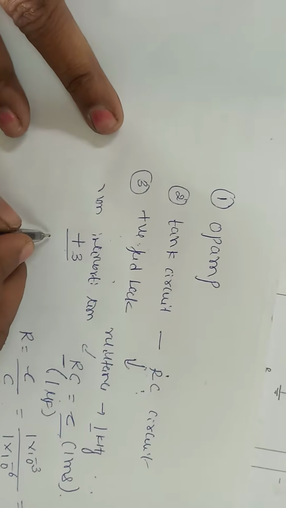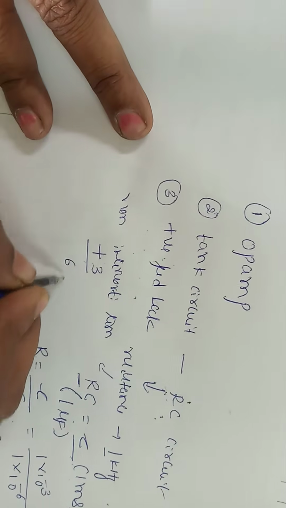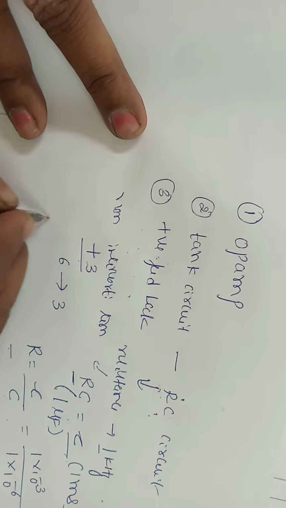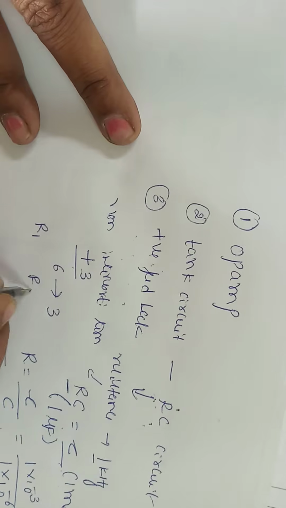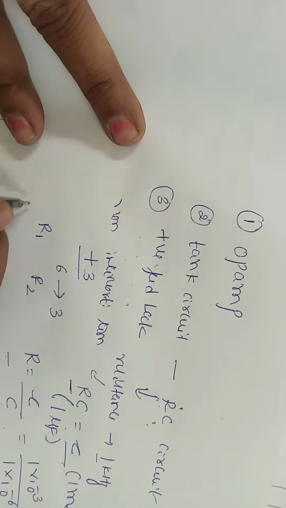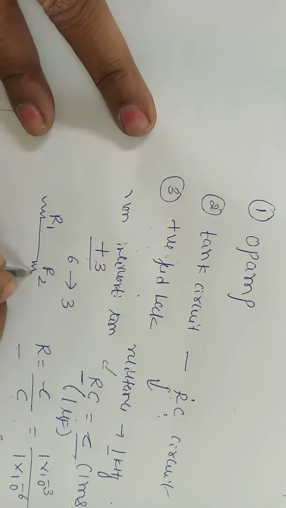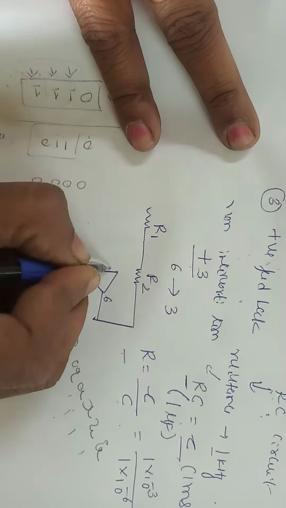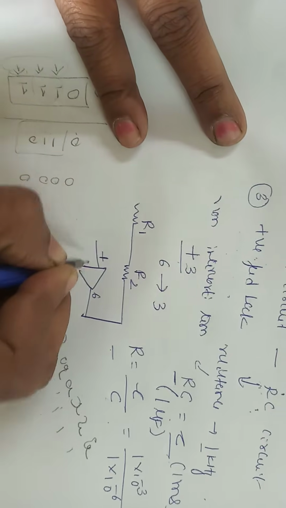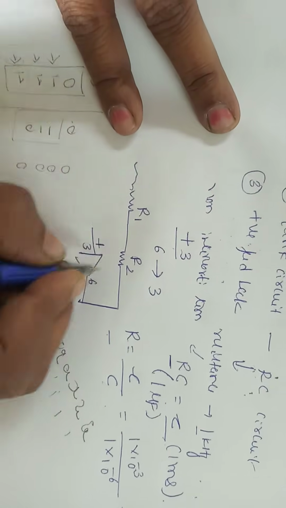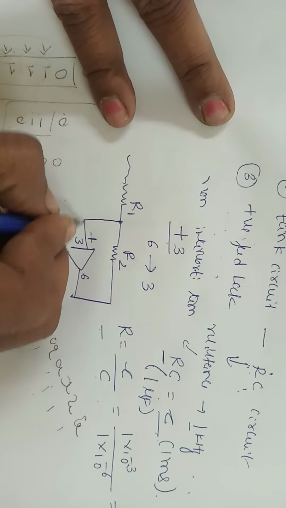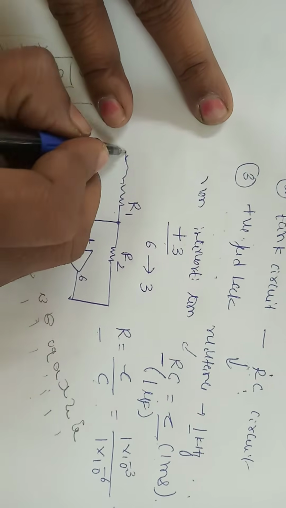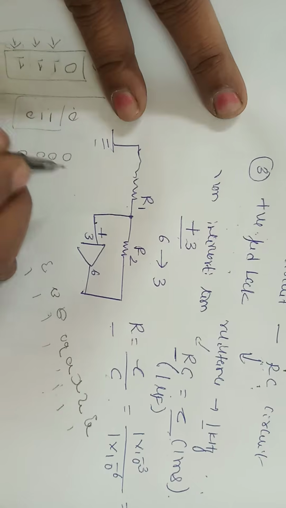We connect the output of the op-amp at pin 6 to pin 3 using the two resistors R1 and R2. The R1 resistance is connected in series with R2, connected to the output of the op-amp. The intersection of R1 and R2 is connected to the positive terminal 3, and the other end of R2 will be connected to ground.